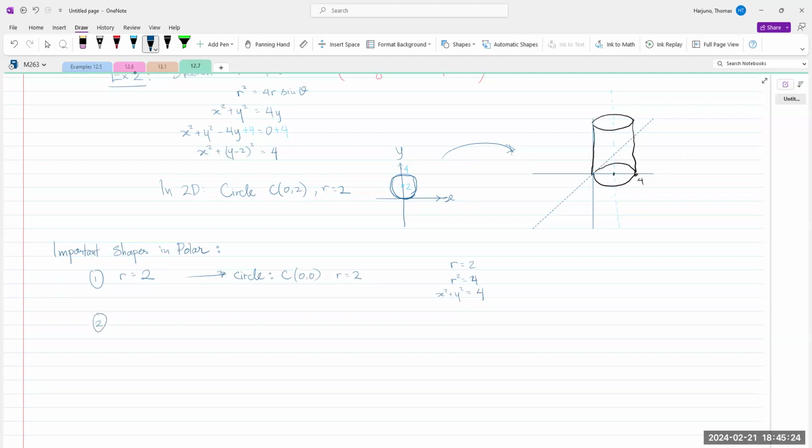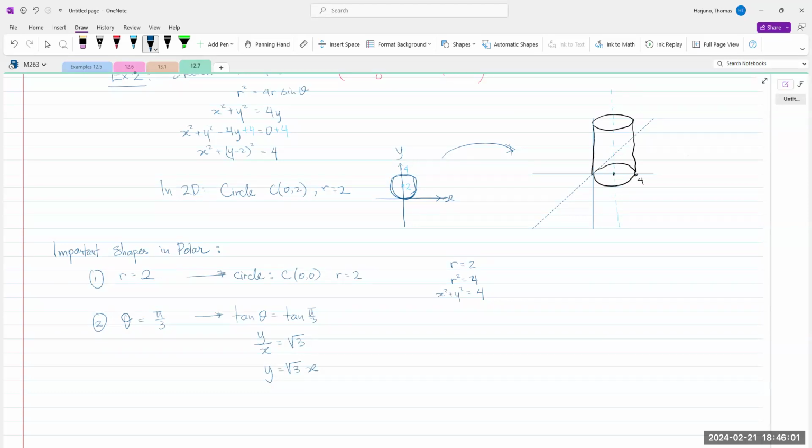Second, how about if theta equals a constant? Let's say theta equals pi over 3. Now we know that tangent theta equals tangent pi over 3. But tangent theta is y over x, and tangent pi over 3 is radical 3. Therefore, y equals radical 3 x.